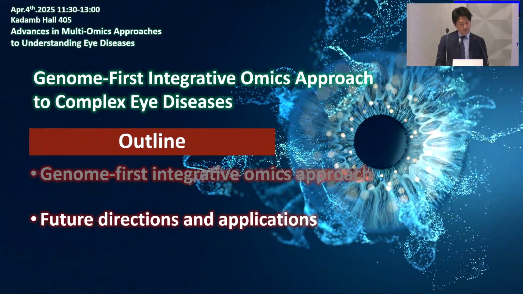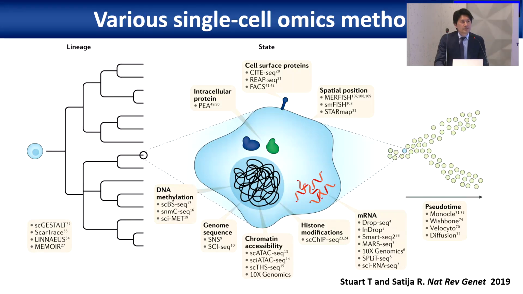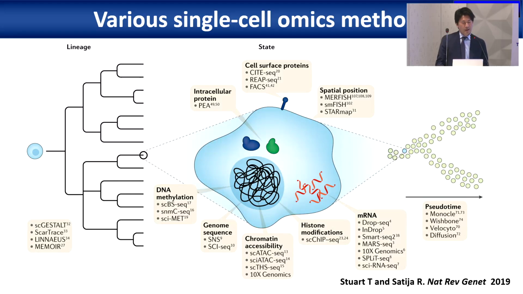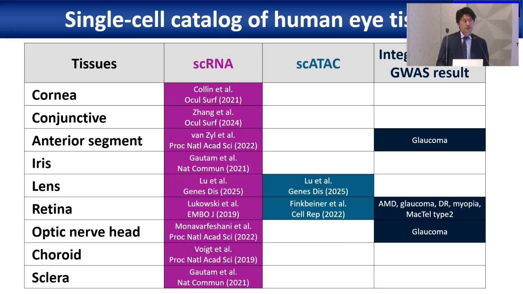Lastly, I'd like to discuss future directions and potential applications. Recent single-cell analysis technology enables evaluation of various omics, including RNA expression, protein levels, chromatin accessibility, and histone modifications. Over the past years, single-cell analysis has been applied to various eye tissues.